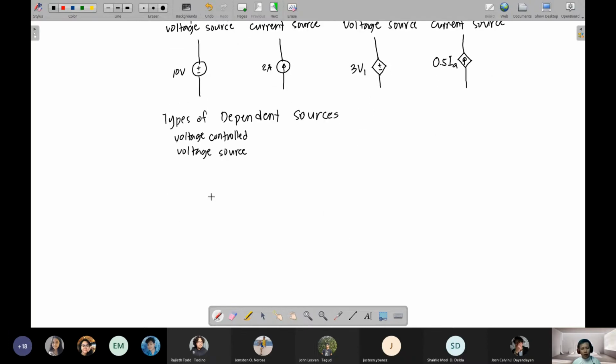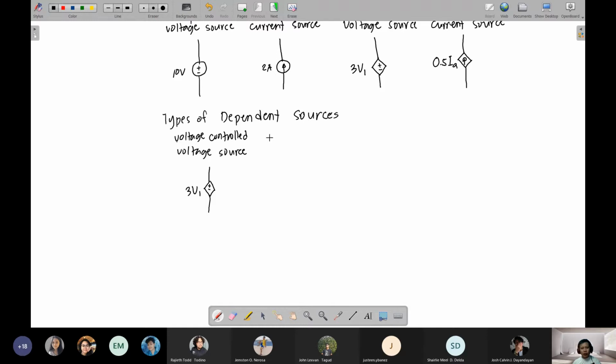Meaning you have a dependent voltage source, but it is controlled by, or dependent upon, another voltage source. Just like this one. For example, 3V1 is a voltage source that is dependent upon another voltage source.